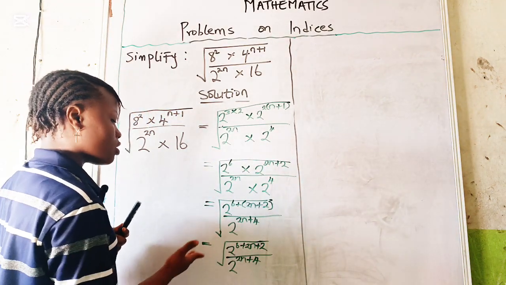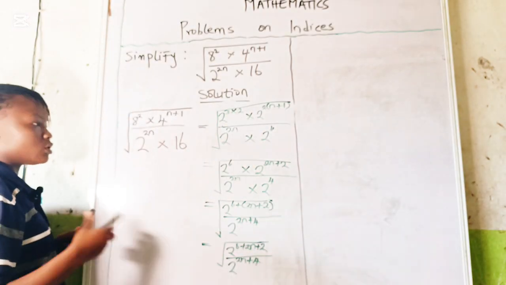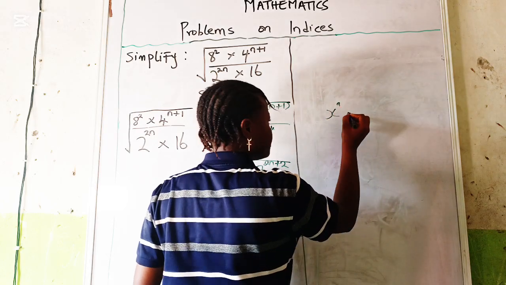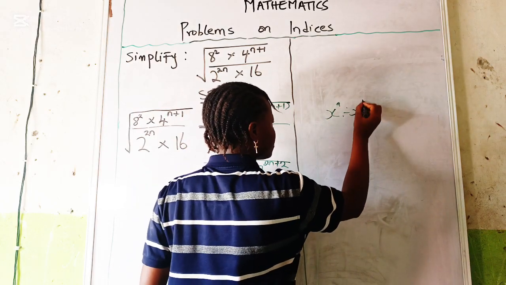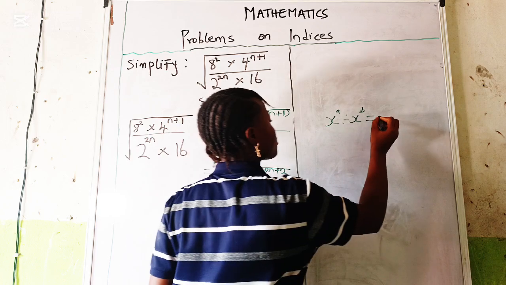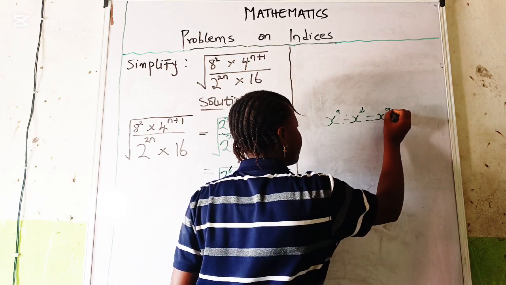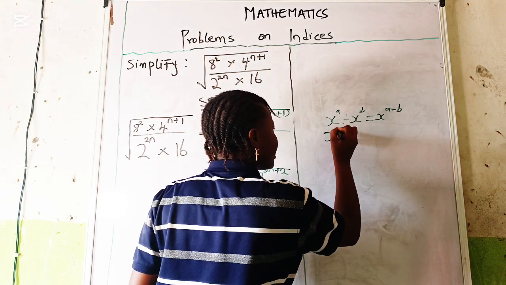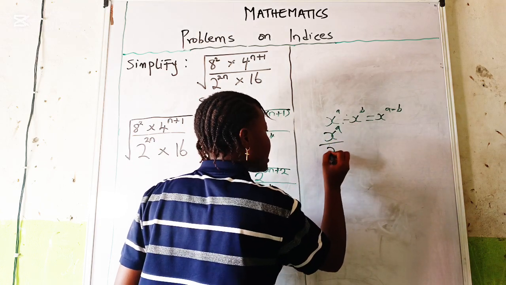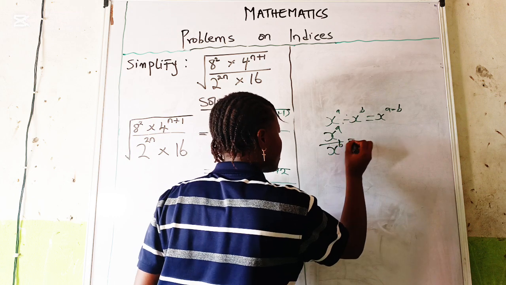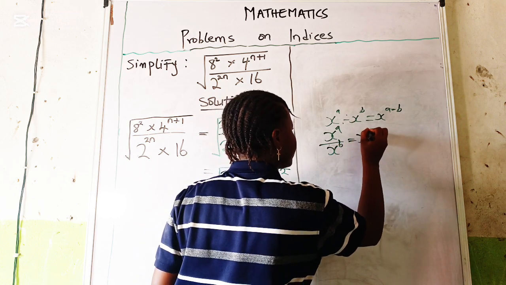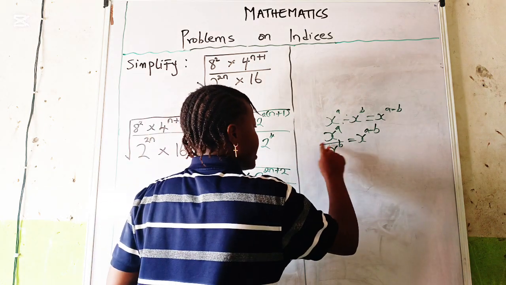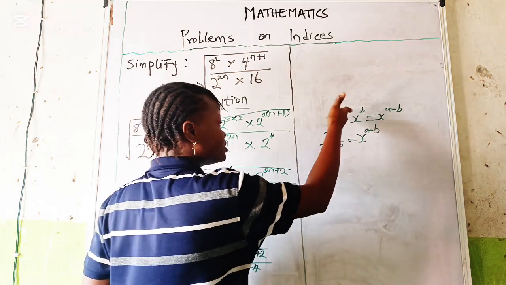Now there's a law that talks about the division law. Whenever you have x raised to power a dividing x raised to power b, it is equals to x raised to power a minus b. That is, x raised to power a all over x raised to power b is equals to x raised to power a minus b, because this all over here is also division.